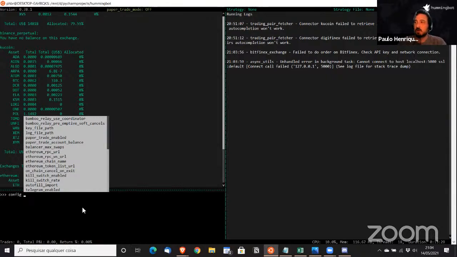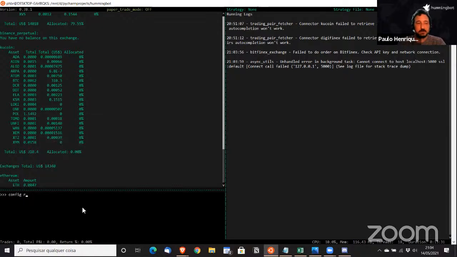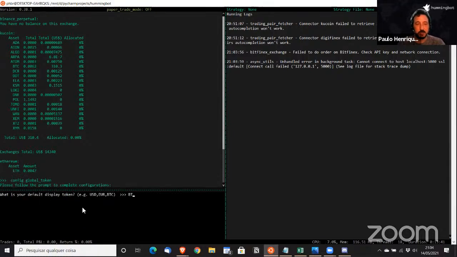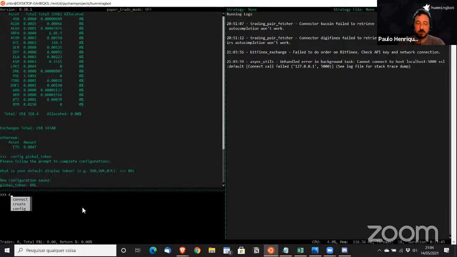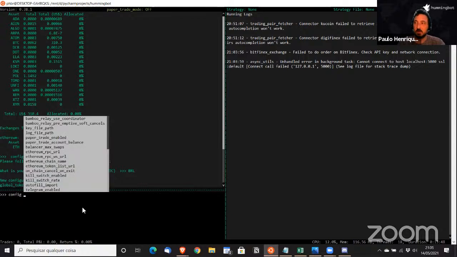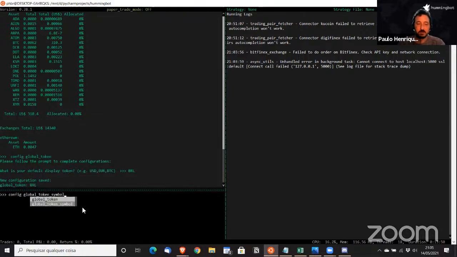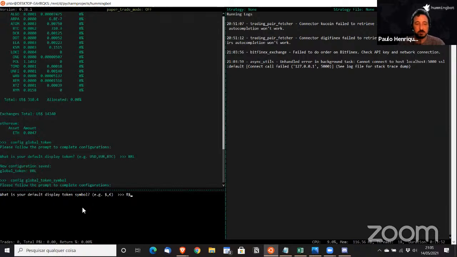I can do config... no, sorry. Config global token, set it to BRL, and to show the information properly, we also have to do config global token symbol, using the local symbol for my currency.